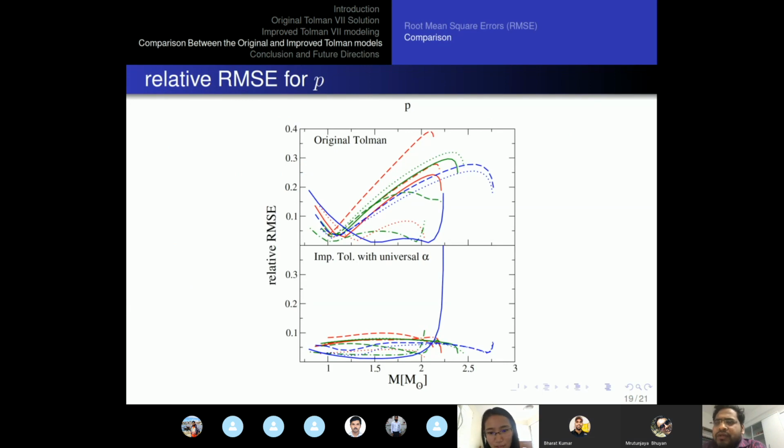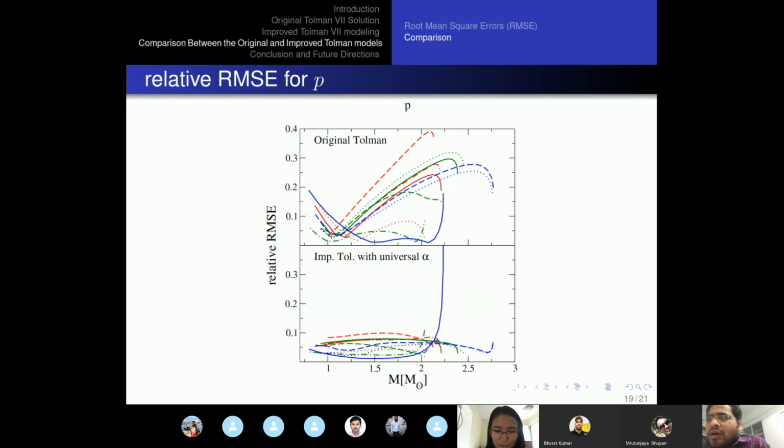Somewhere you have shown that in case of lower mass, the error bar is less, but in case of higher mass, the error bar is high. No, I think for higher masses, the improved Tolman case is better than the original Tolman.